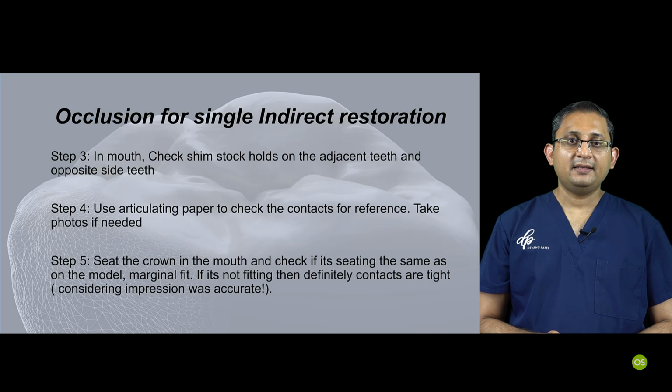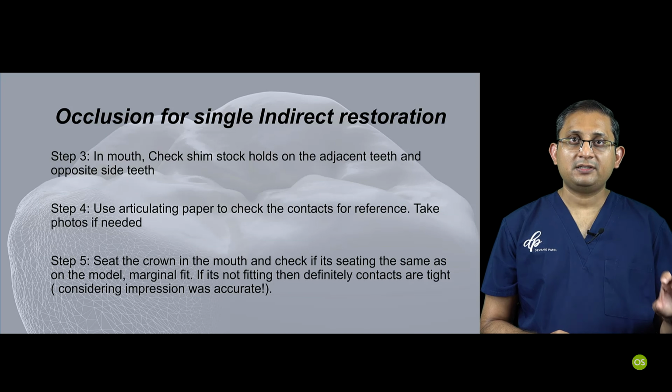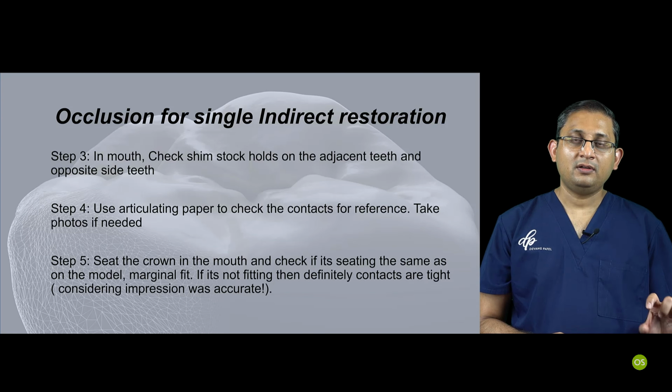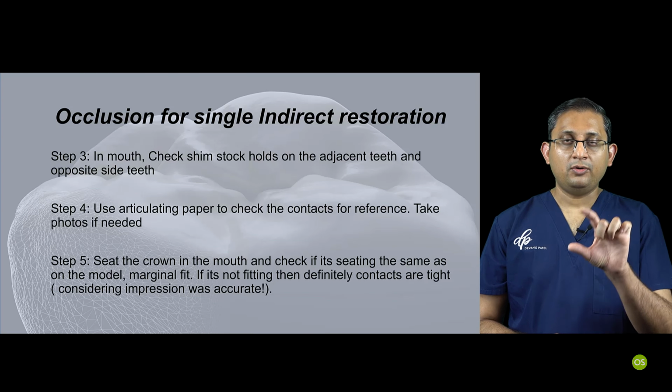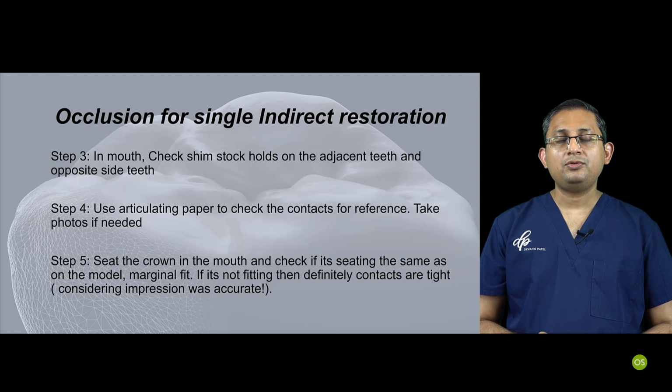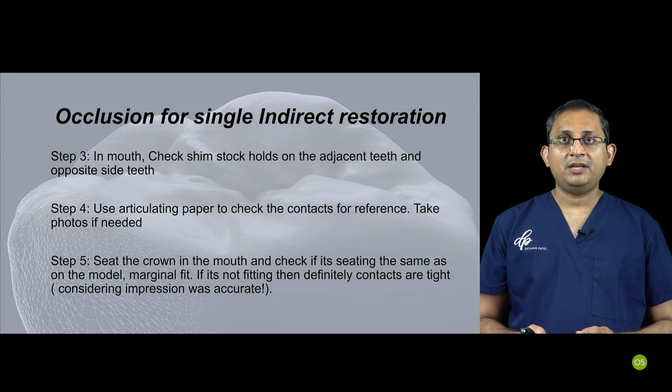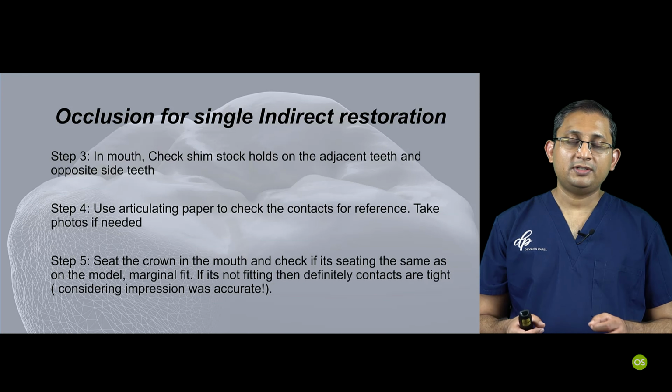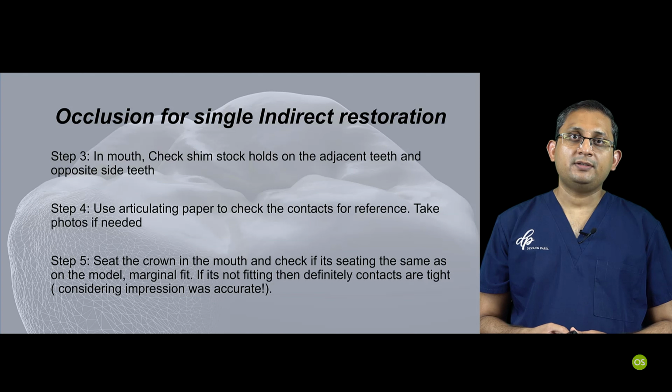But let's say the crown fits fine on the model, but it's not going completely down on the tooth. Then make sure that you check the contacts first, because most all the time it's the contact which is too tight, and by adjusting the contact appropriately, you will be able to make the crown seat.